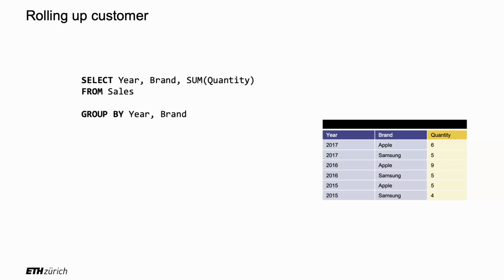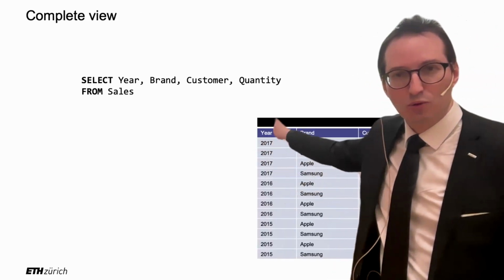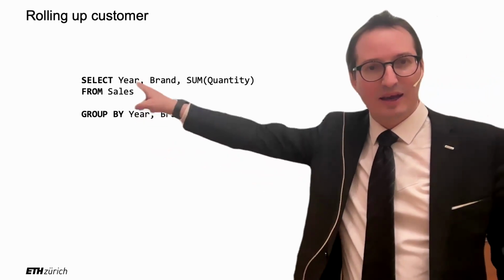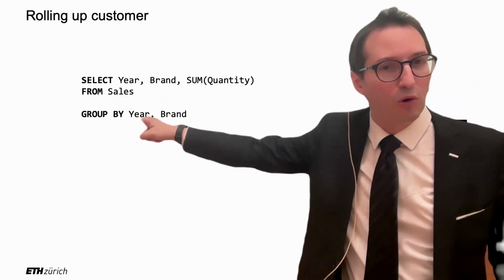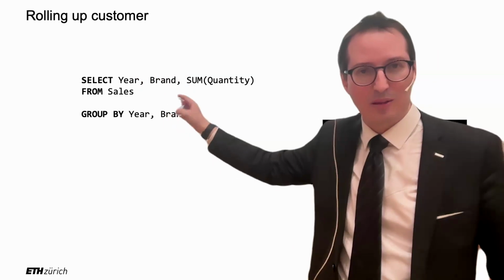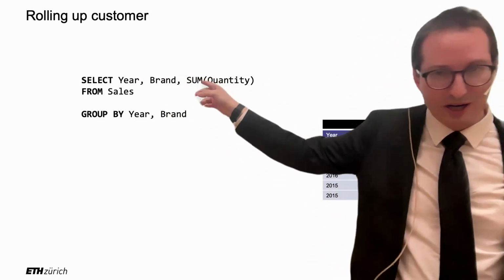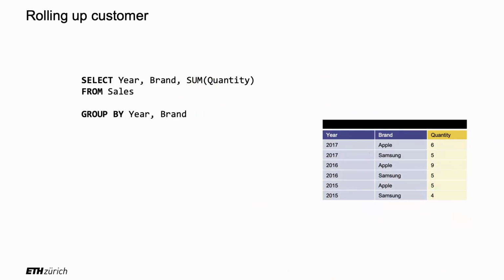So the group by basically protects against the aggregation, right? And then you aggregate on the rest. So indeed, if I want to aggregate on the customer, then I just group on the year and brand. And as you know, you always need to put your group by keys also in the projection. And then we aggregate on the quantity. It's a sum, but it could be an average, a mean, a max, a count, anything else.